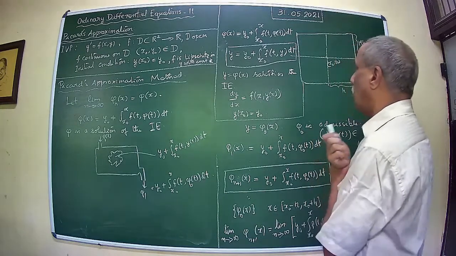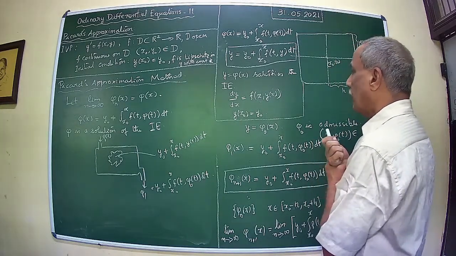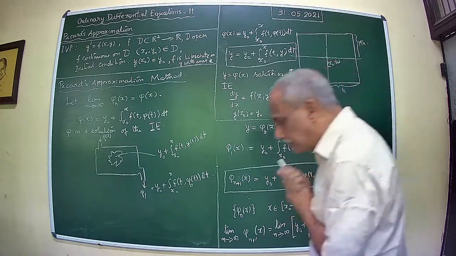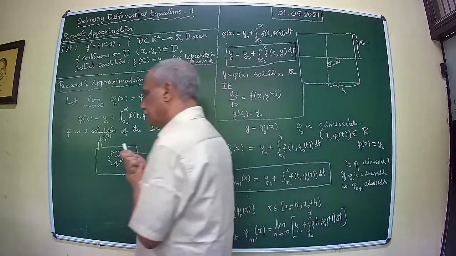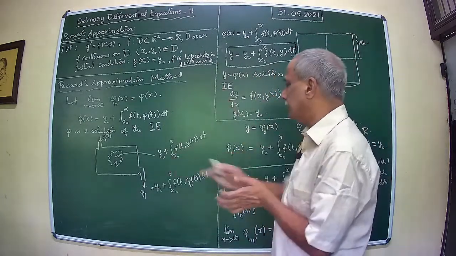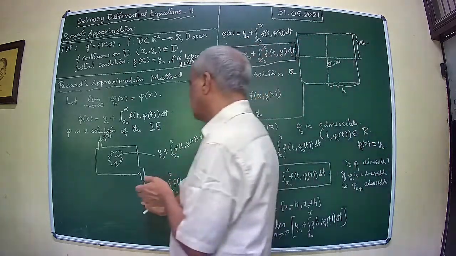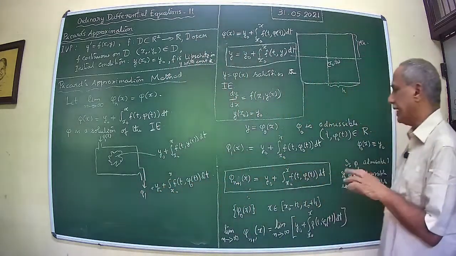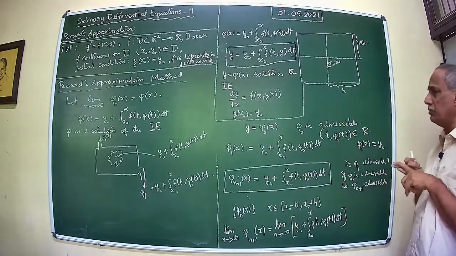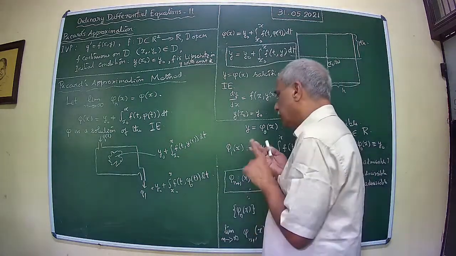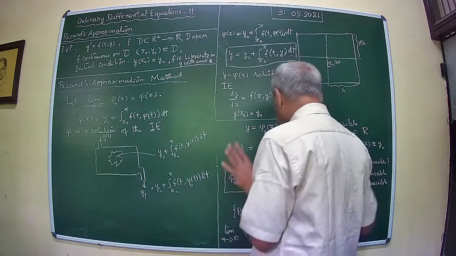First of all, we prove that if you start with an admissible function and send it through this machine, you get an admissible function. That is something to be verified. The second crucial thing that you have to verify is that you get a sequence of functions, where every function is an admissible function.